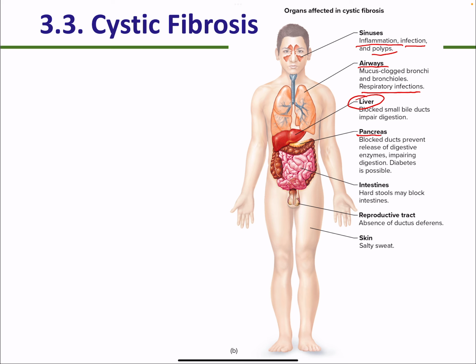The pancreas can also be affected whenever we are expressing the mutated form of the CFTR protein. Well, the ducts that are supposed to allow digestive proteins to move through may not allow these digestive proteins to move through.